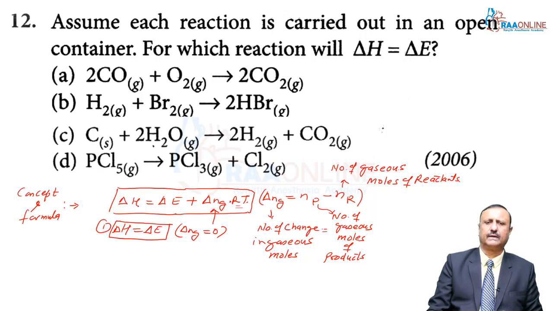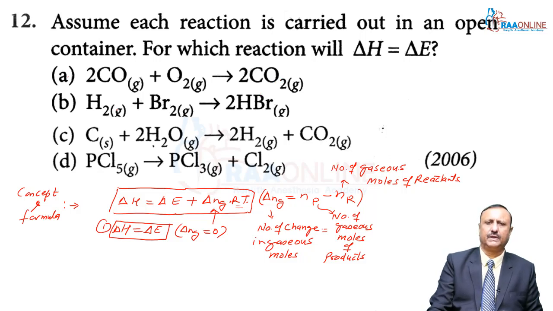So, you can get delta H is equal to delta E. Delta NG is equal to 0 in what conditions? In that condition when moles of products and reactants are equal, NP and NR equal, then 2 minus 2 is equal to 0. Here you can see the answer 1. Here you get 2 minus 3, it is not 0. So delta NG is not 0, this is not the answer.